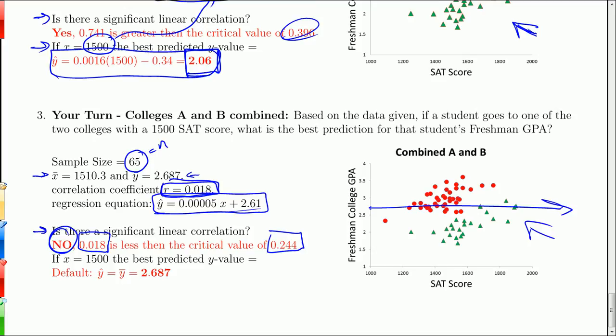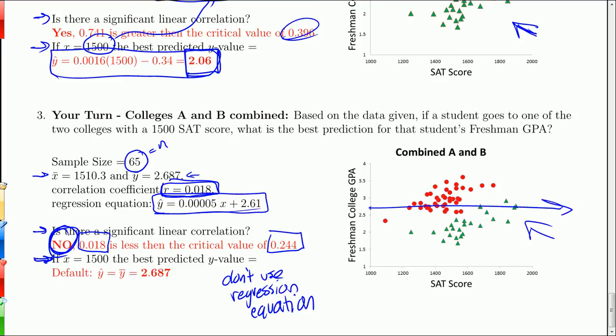So if we don't know which school you're going to, and you got a 1500 on your SAT, for the best predicted y value, we don't use the regression equation. And the reason we don't use the regression equation is because the correlation is not significant.